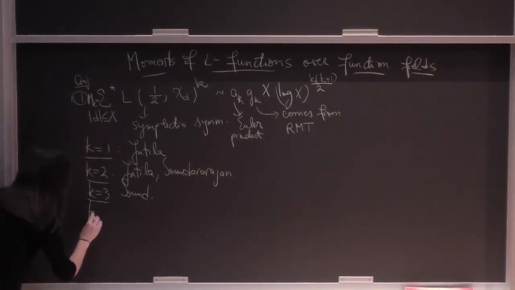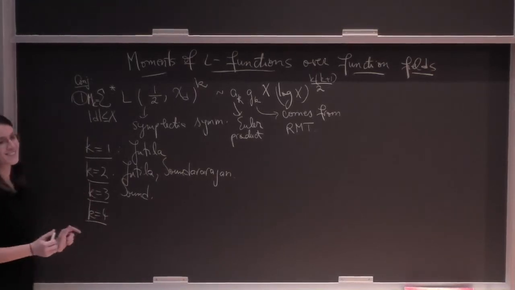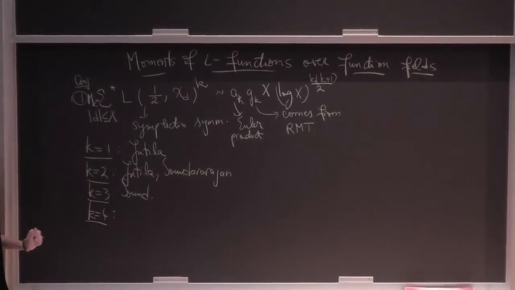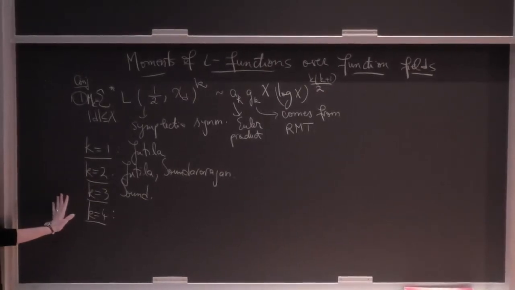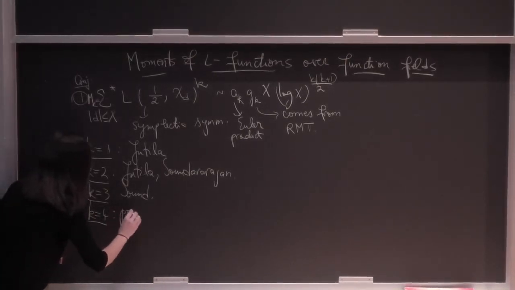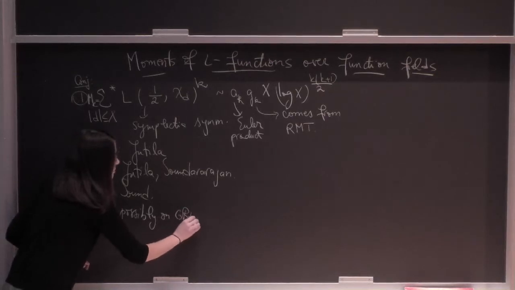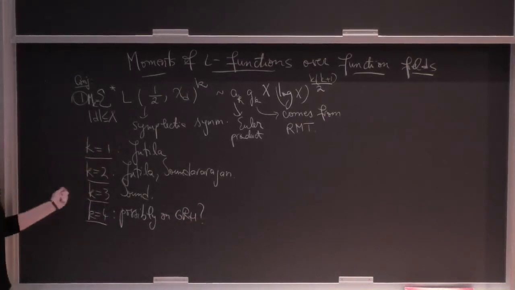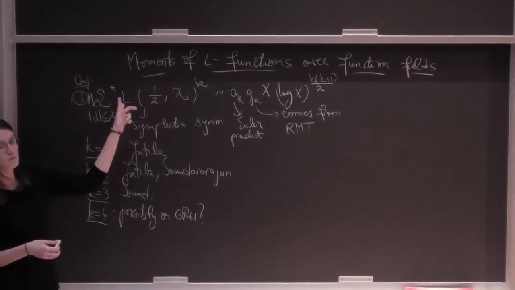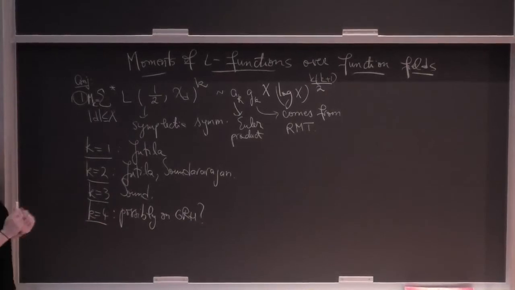The fourth moment hasn't been written down explicitly. It is believed that, maybe on GRH, one can get an asymptotic formula using ideas of Sound and Young, who computed the second moment of the family of quadratic twists of a modular form. But this hasn't been written down explicitly.